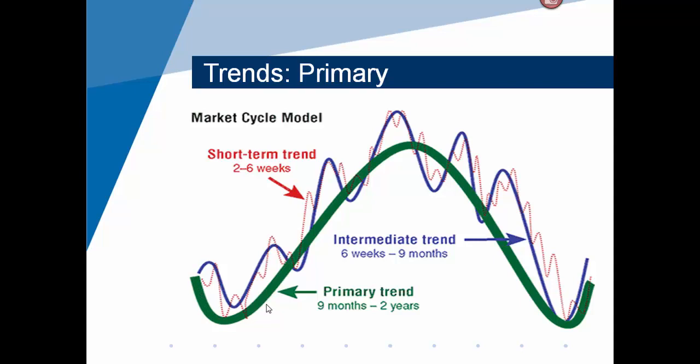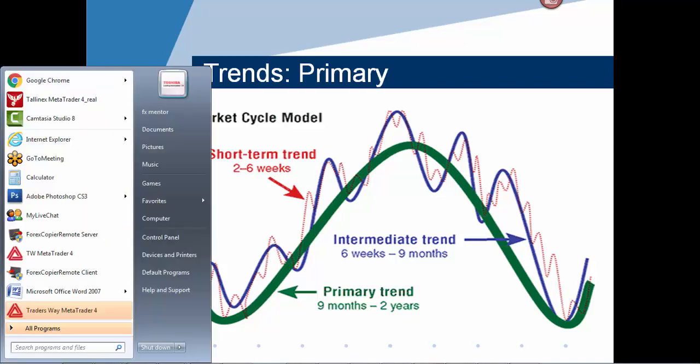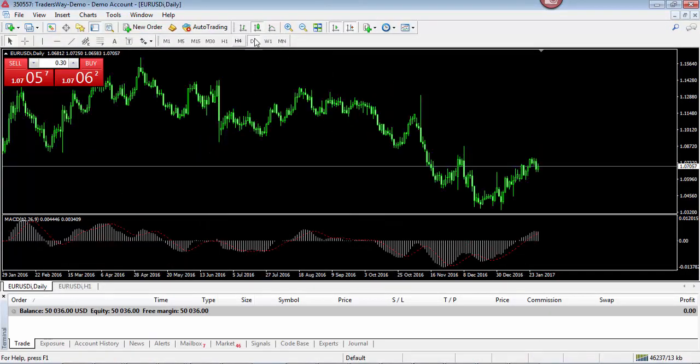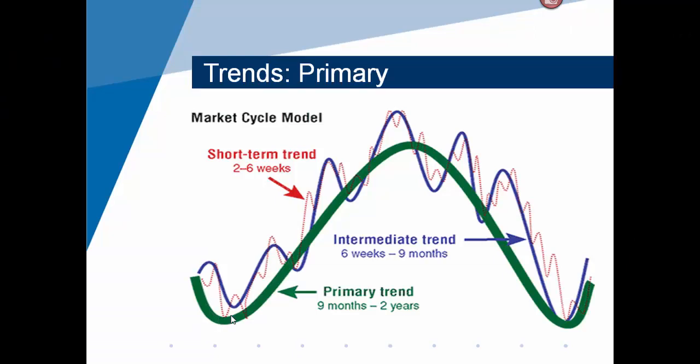Now, for us, I'm going to simplify this a little bit. For us retail traders, our primary trend is basically our daily time frame. So we tend to stick to the D1 chart, which is our daily chart. This is telling us what is going on on a day by day basis. So for the purpose of this presentation, we will use our primary trend as our daily time frame.